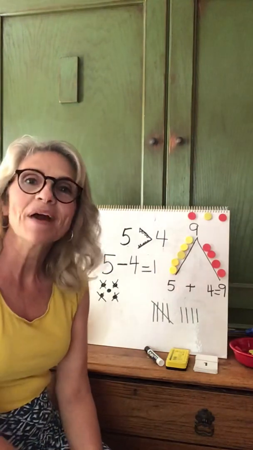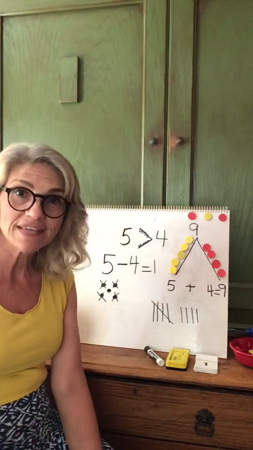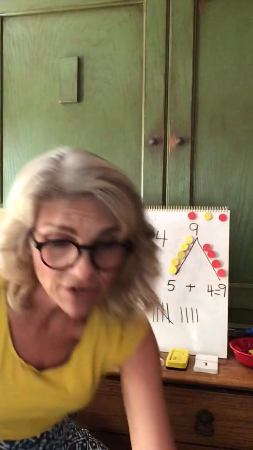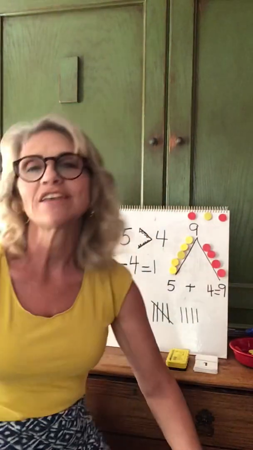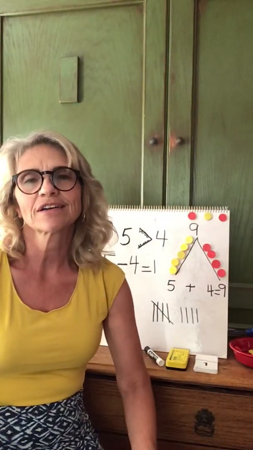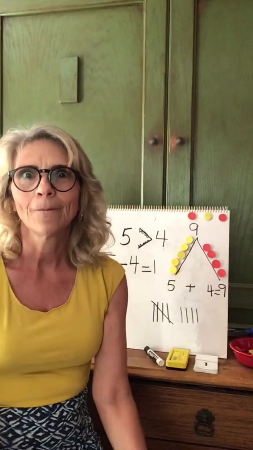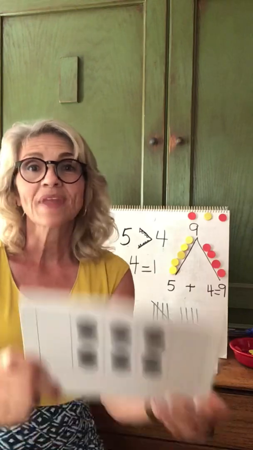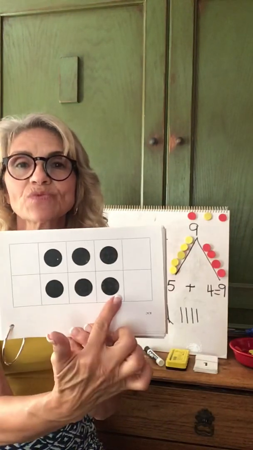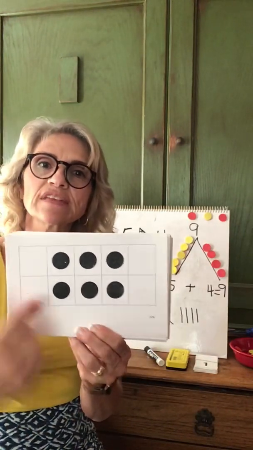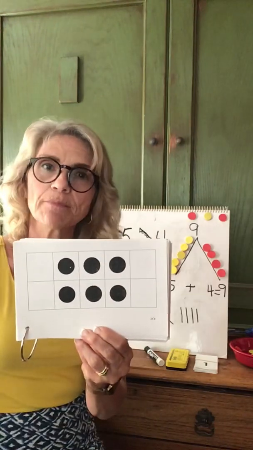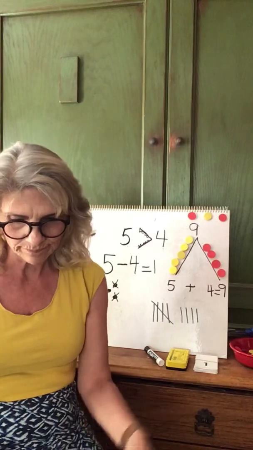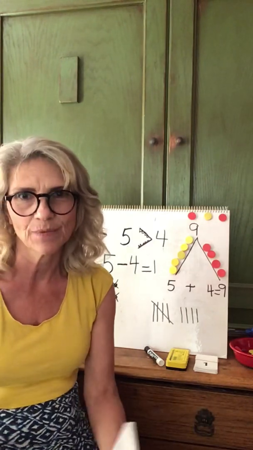Now, I'm going to show you some of my subitizing cards. Remember, subitizing is to know a number without even counting it. And I'm going to do it with my 10 frames, which makes it even easier. I'm going to give you a quick look. Did you catch it? If you said 6, you're right. And look, you can see 3 plus 3, that equals 6. And you can also see the 4 empty boxes of the 10. Okay, I'm going to do another one. Are you ready? Okay, here we go.